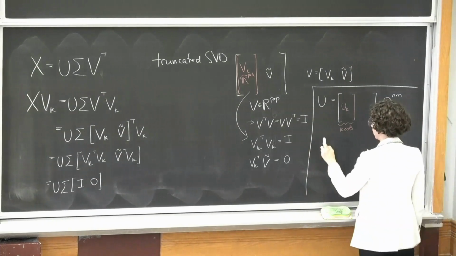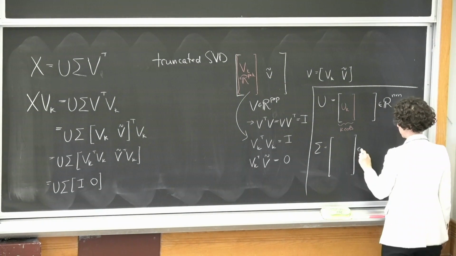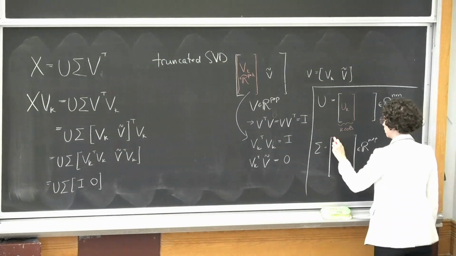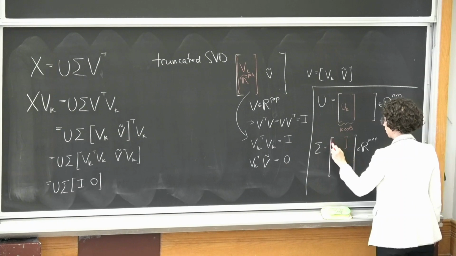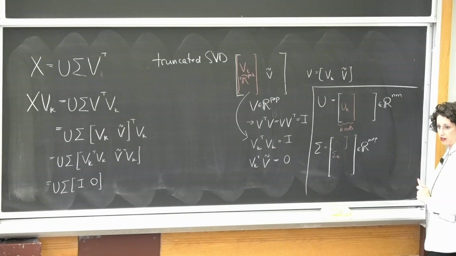And similarly, sigma was an n by p matrix, and sigma k was just the first k by k block of that.